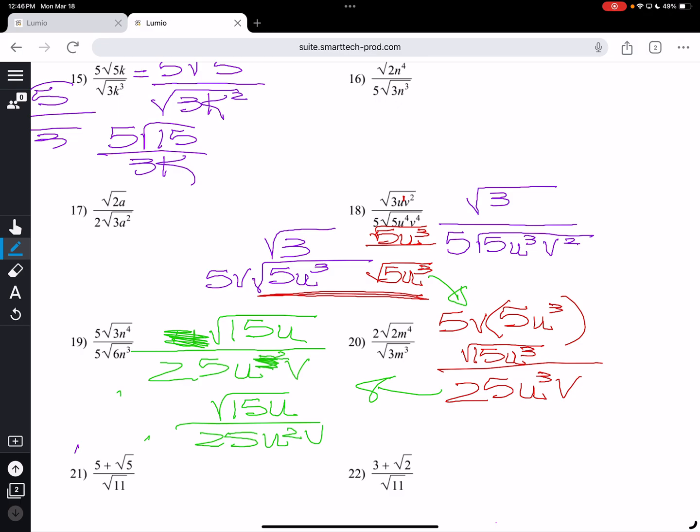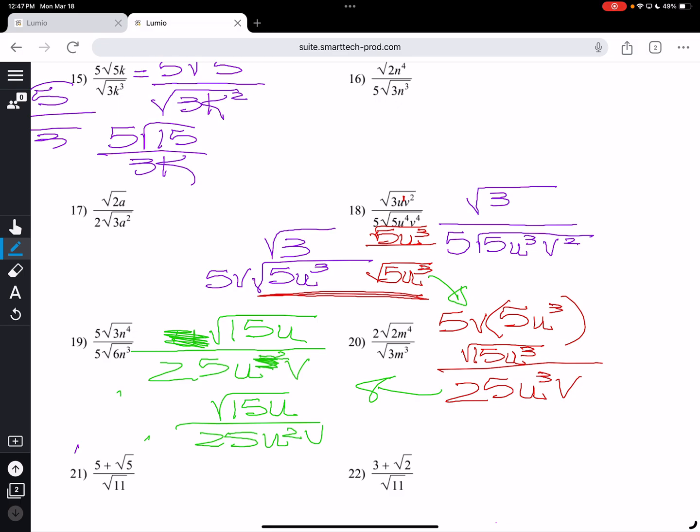I thought the u squared was on the outside of the 15. It did come out. First it was u to the third under the radical, and then it came out as u squared times u, and u squared comes out as a u.